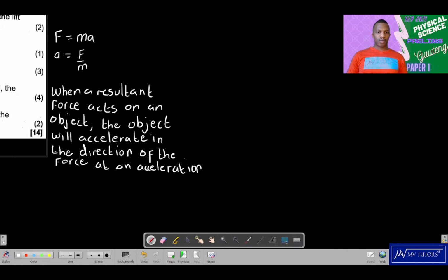So what about the acceleration? The acceleration here, if you look here, is directly proportional to the force.